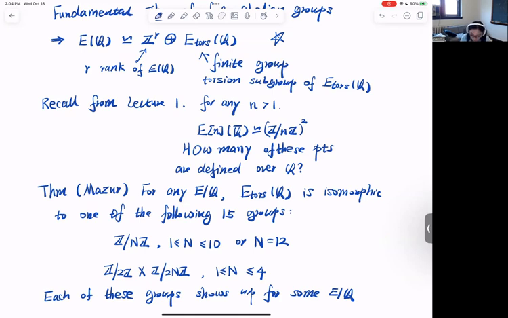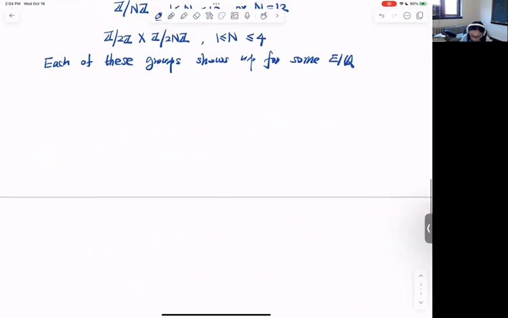But on the other hand, the rank part is much more mysterious. What do I mean by mysterious? I mean in two ways. First of all, we don't know whether there are only finitely many possibilities.